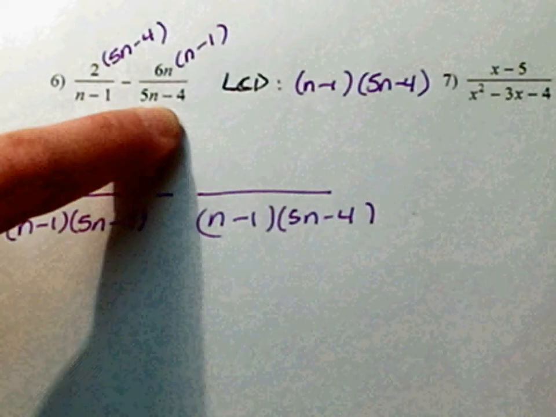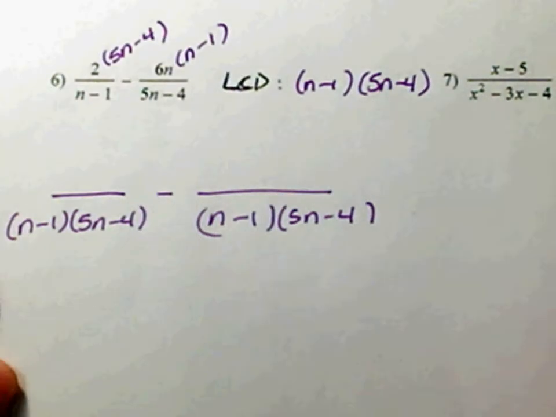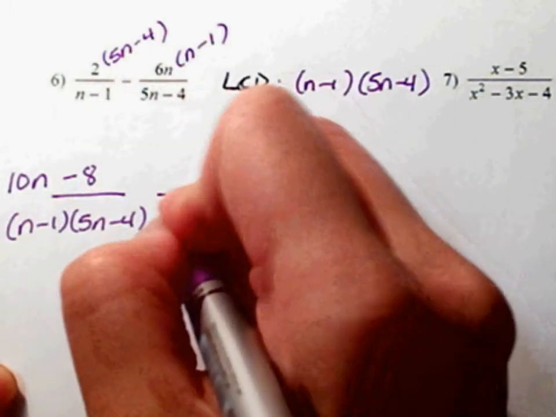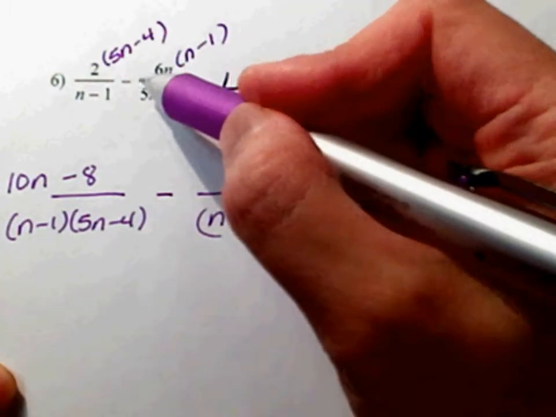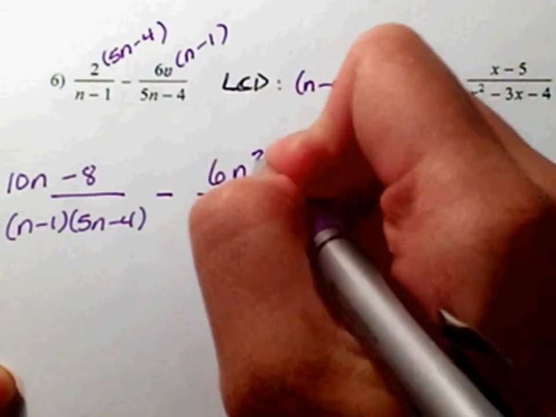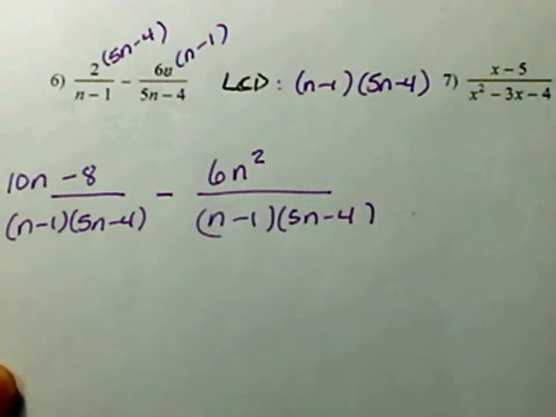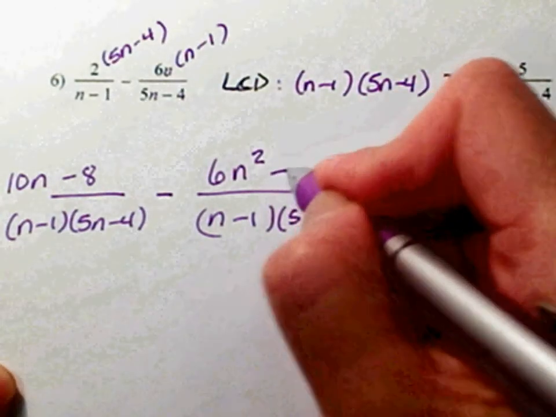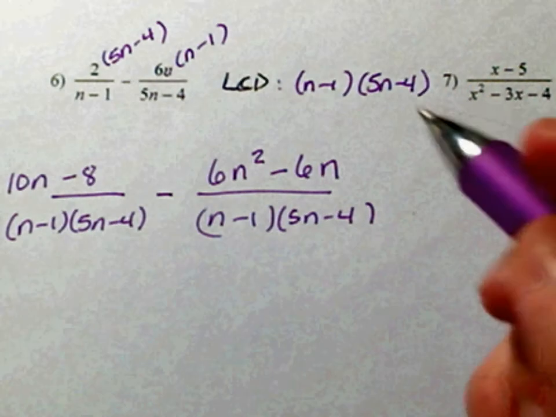Now go ahead and distribute. 10n minus 8 minus, okay, negative 6 times n is 6n squared. See that? Negative 6 times that gives you negative 6n, which will make it a positive when you distribute.